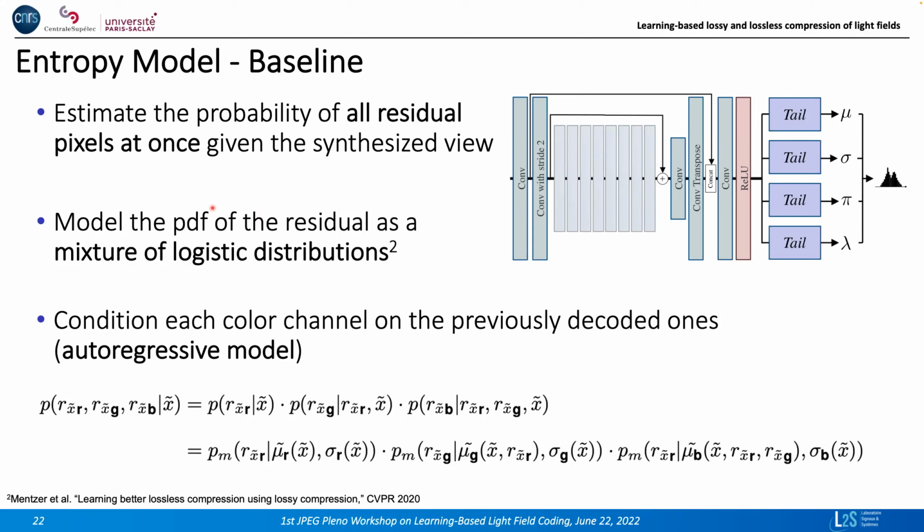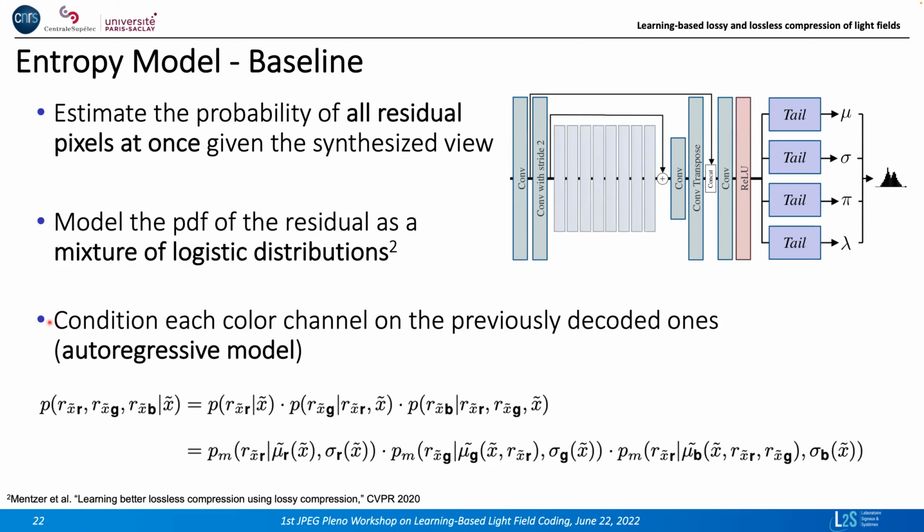Then you model the probability distribution of the residual pixel as a mixture of logistic distributions. This gives you a parametric model, which turns out to be efficient to compute.